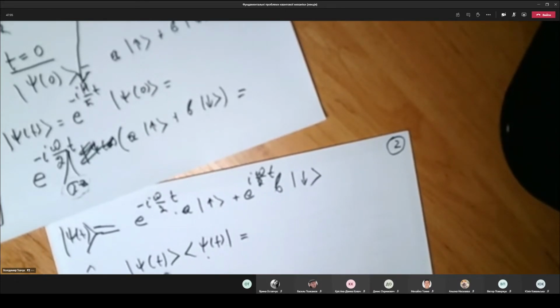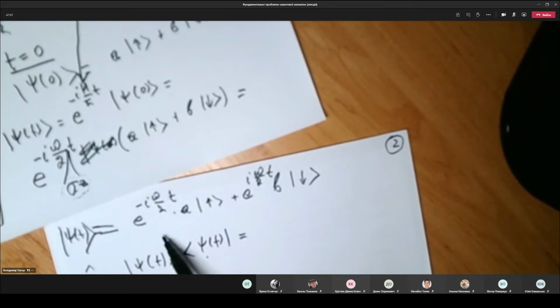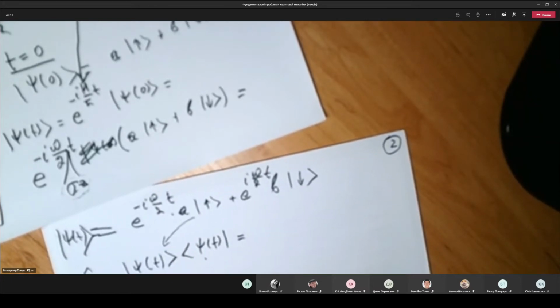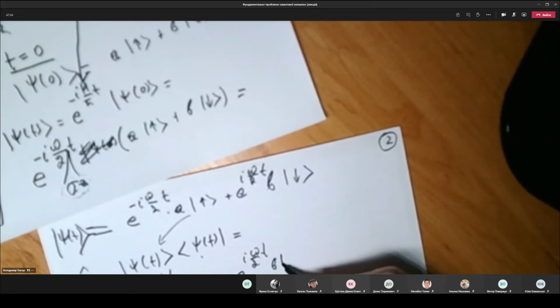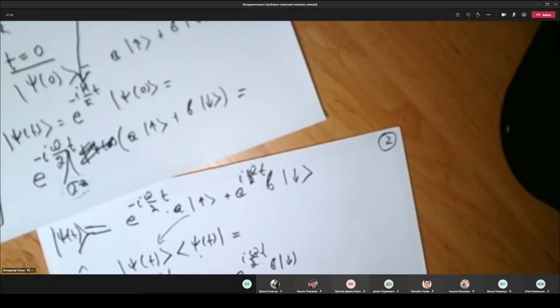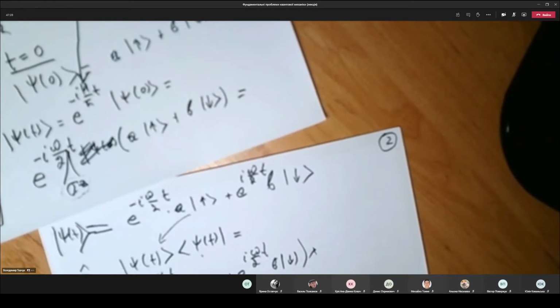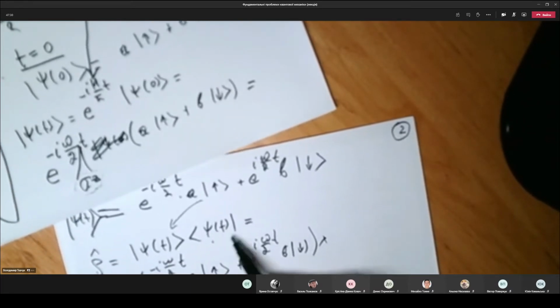So first of all, we must write here the ket vector. It is this one, the ket vector, divided by the square root of 2: t, a arrow up plus exponent b arrow down, and multiply it by the bra vector.